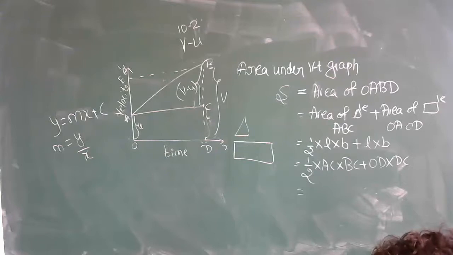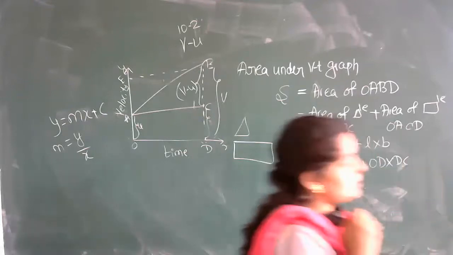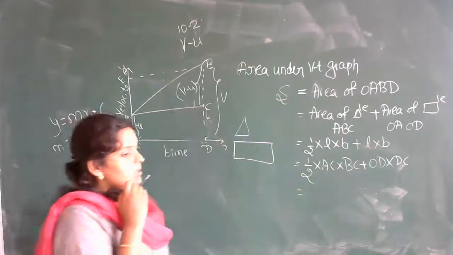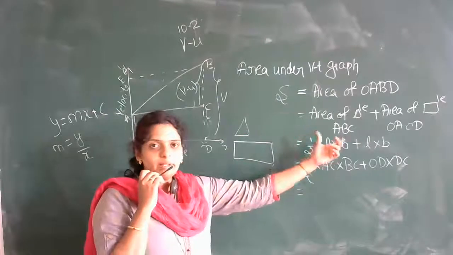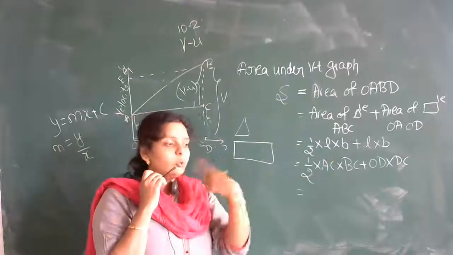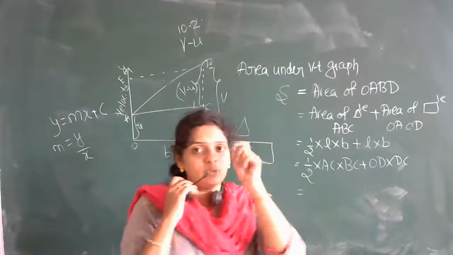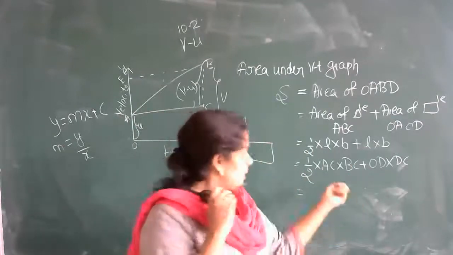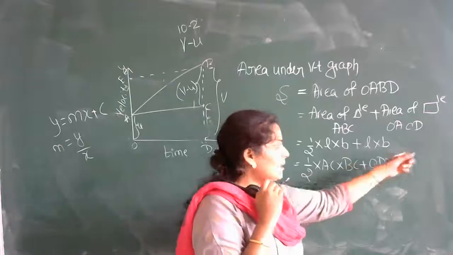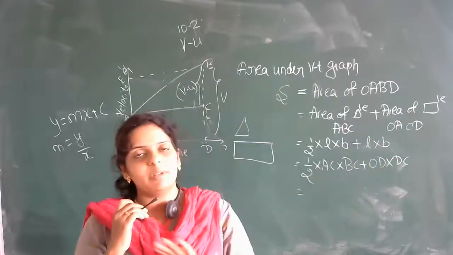Jyoti, your answer is right, L into B. Okay, so just substitute all the values from the diagram. Whatever labeling we have done, AC value, BC value, OD value, DC value, just substitute and simplify.